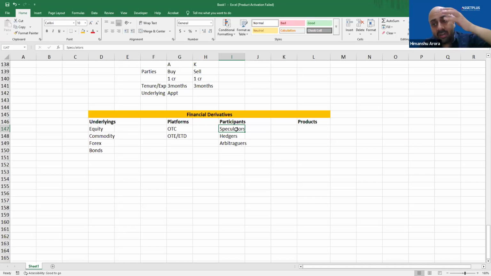See, the contract remains the same. It is only the thought process behind execution that determines whether it is a speculation or a hedging. For example, Indigo Airlines is worried about prices of oil going up. So they enter into this contract to buy 1 million barrels of oil 1 year from now. That's an example of hedging.